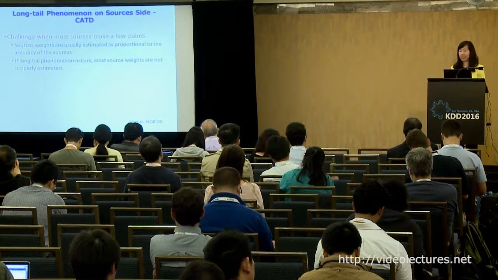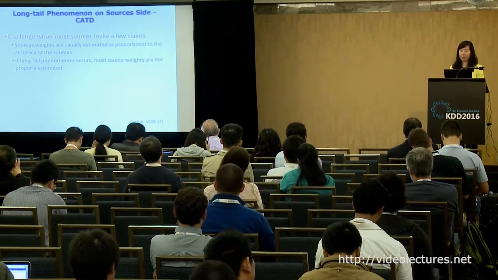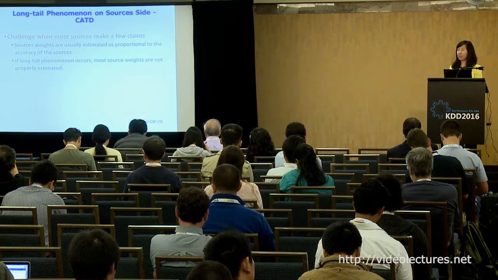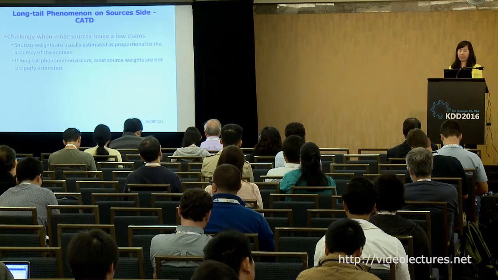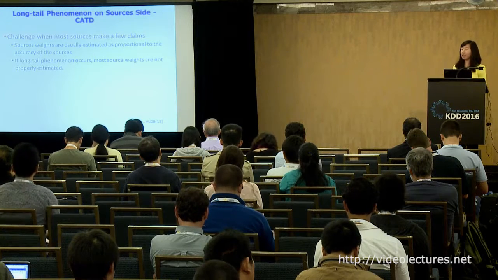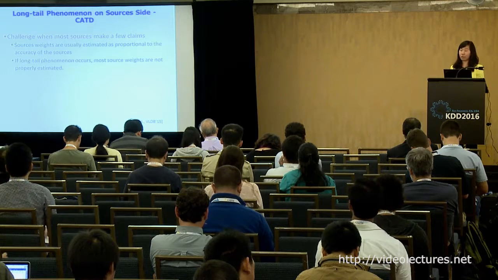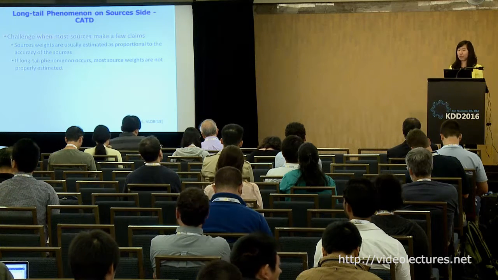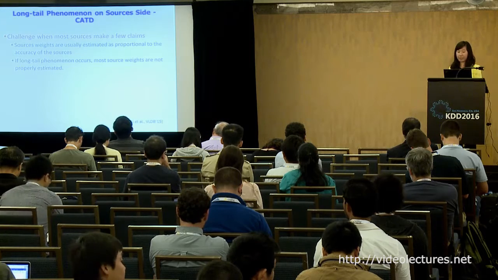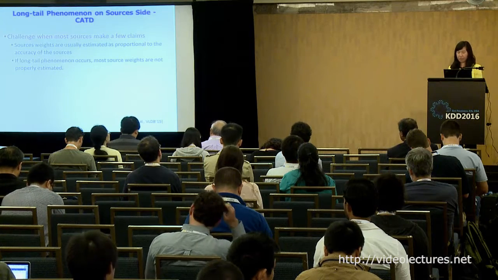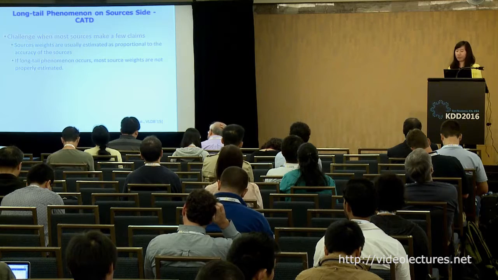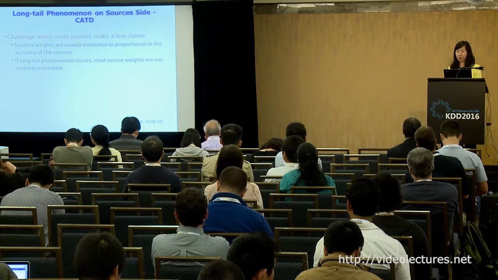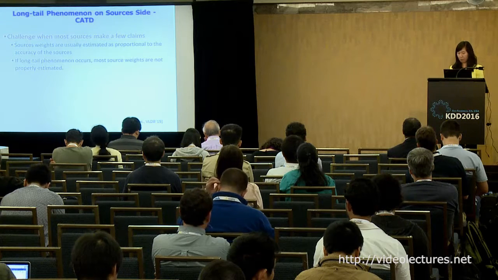This gives a challenge for truth discovery, because the essence of truth discovery is to estimate source weight or source reliability. However, if a source only gives one or two claims, then the source weight cannot be estimated properly. Especially when there is a long tail phenomenon, most sources give very few claims, so most source weights are not properly estimated.